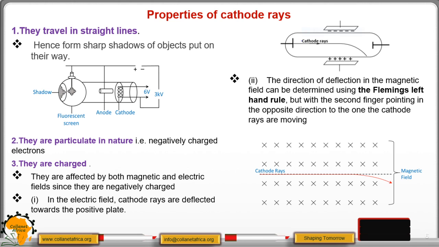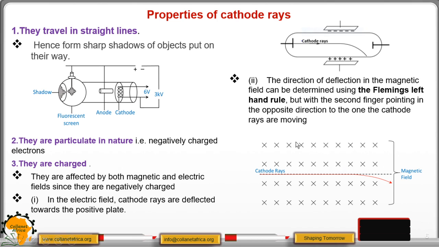So if the second finger is pointing in the opposite direction of the cathode rays, and the first finger is pointing in the direction of the magnetic field, then the thumb will give us the direction of motion or the direction of deflection, and that way you are able to know where the cathode rays will be deflected.